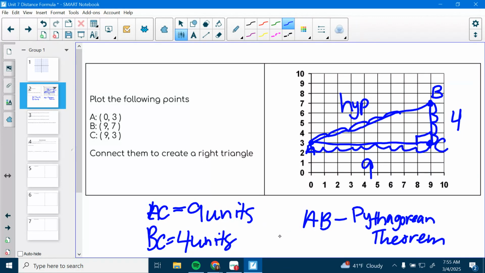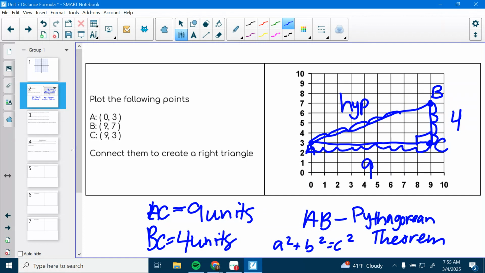Our Pythagorean theorem is what says a squared plus b squared equals c squared. But it only works on right triangles, and we're going to run into some instances where we want to find the length of a line on a graph that is not the side of a right triangle.